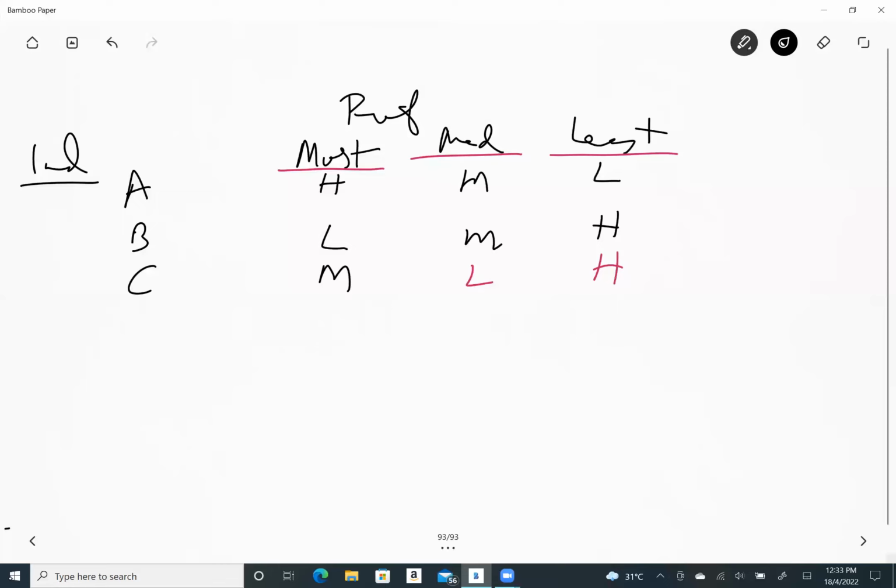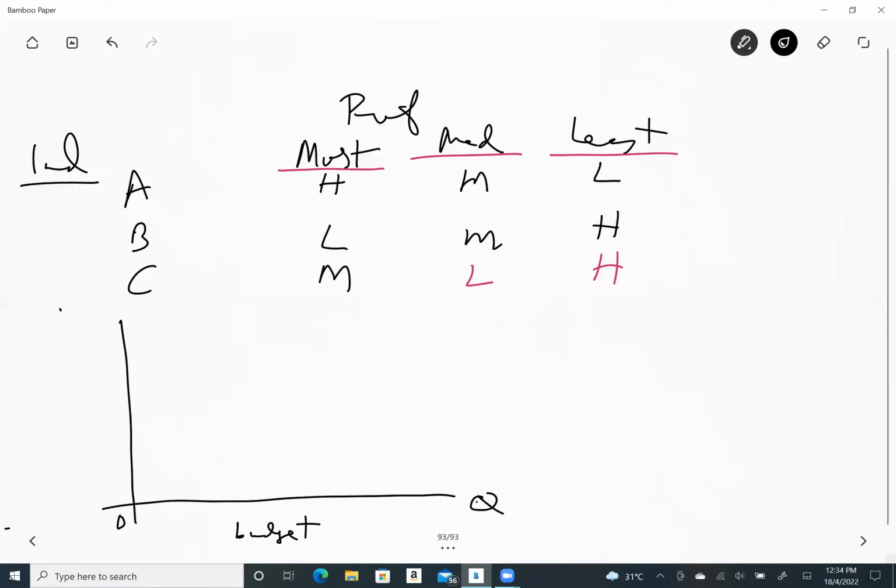Okay, all right. So now what we do, we draw the graph. You draw the graph of these people. So we have the ranking, the preference, on the vertical axis, and we have the budget, the quantities. So here is the budget.